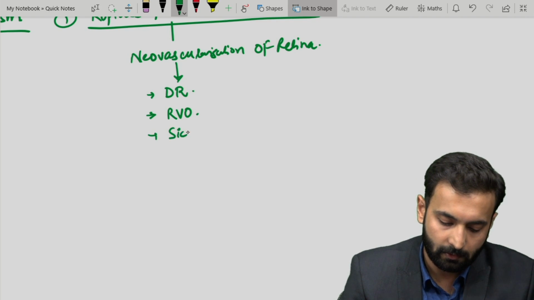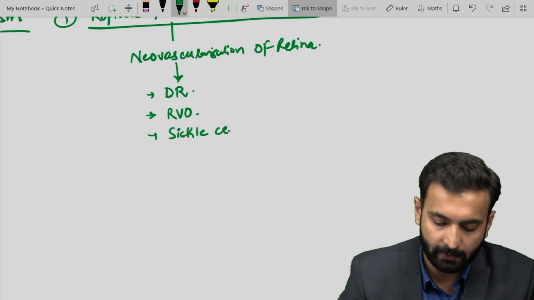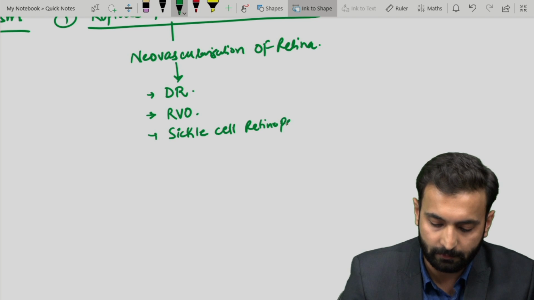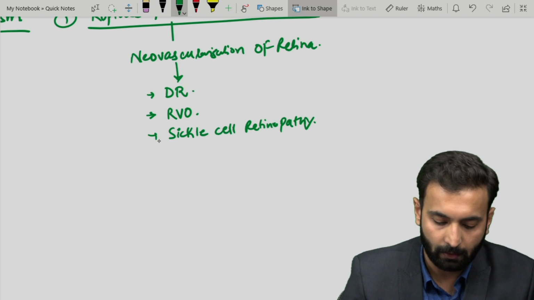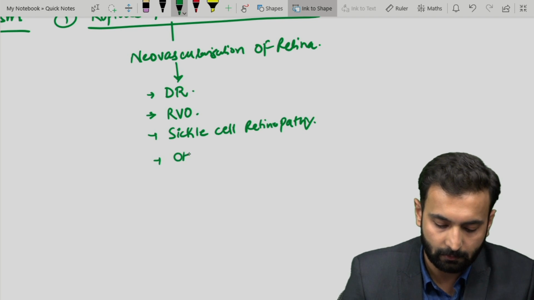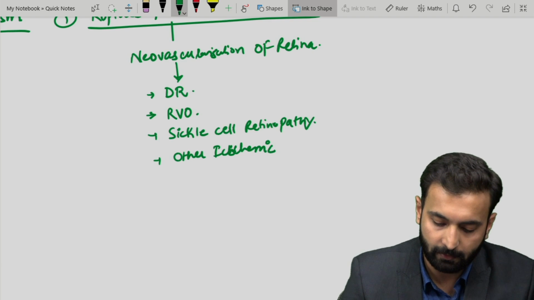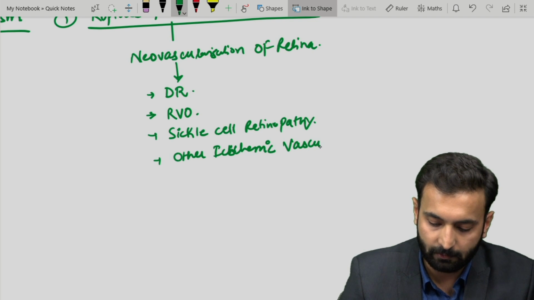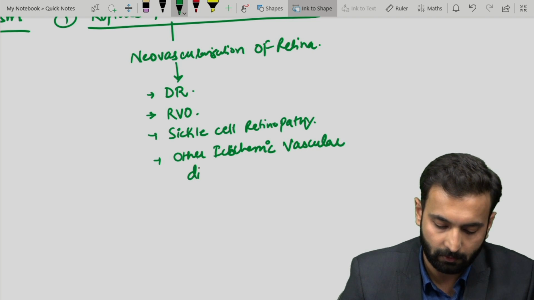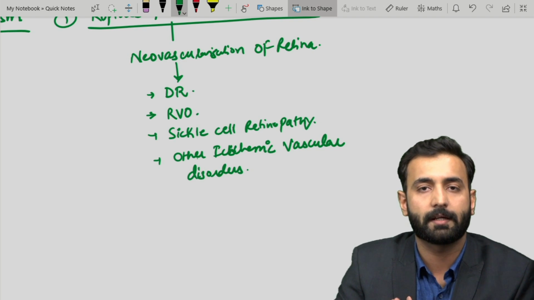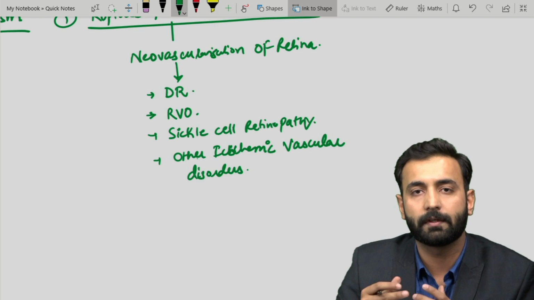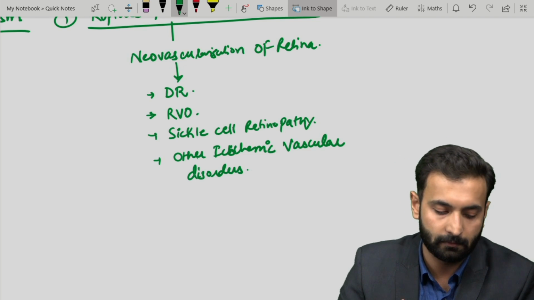Then it is also seen in sickle cell retinopathies and other ischemic vascular disorders. These are the causes of neovascularization of retina, due to which vitreous hemorrhage is seen.